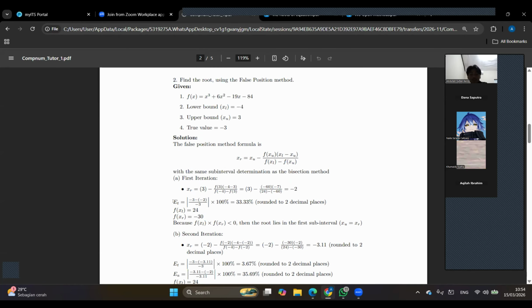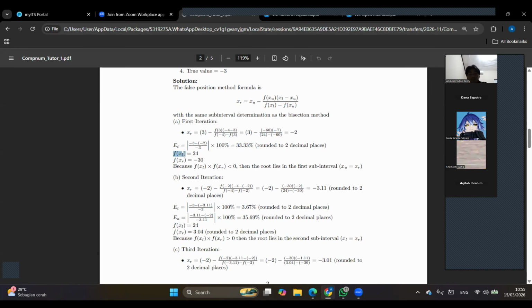And then we search for the error true using the same formula as before, and we got 33.33. Then we search for fxl, which equals 24, and fxr, which we got to be minus 30. Because fxl times fxr is less than 0, the root lies in the first subinterval or the left side, and we transfer the value of xr into xu for the second iteration.